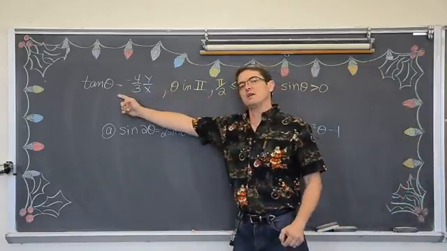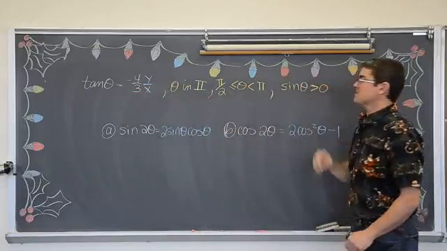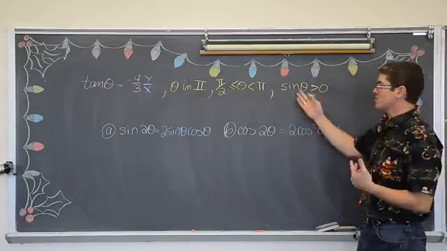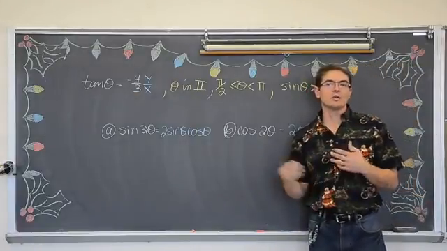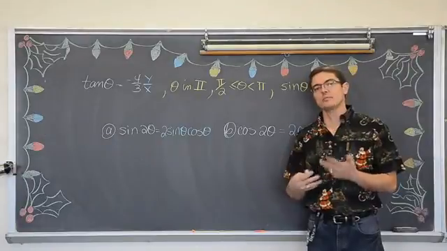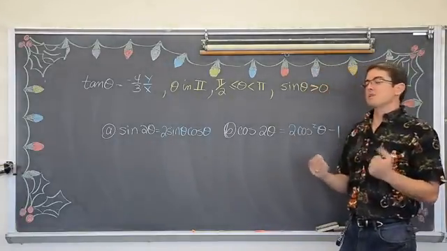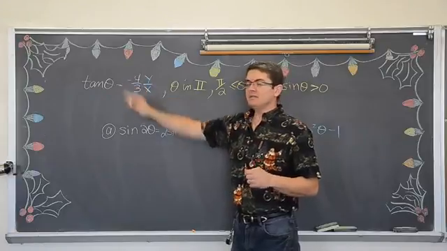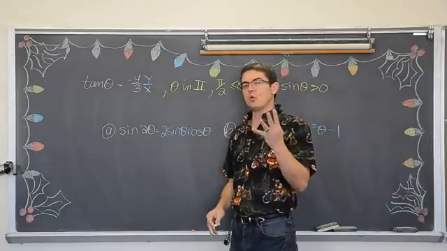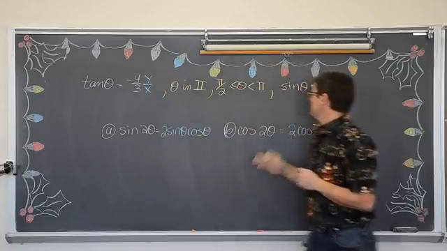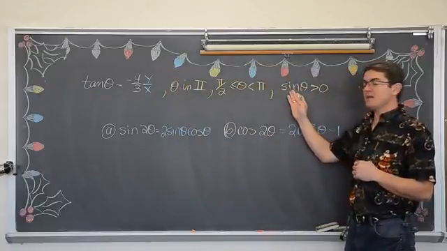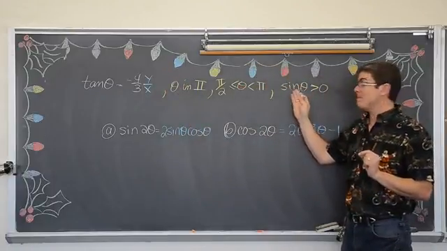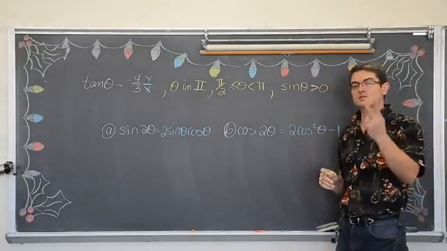The tangent of theta is negative 4/3 and the sine of theta is positive. Well, this is a question that you should have dealt with in an earlier chapter when you first started learning your basic trig concepts. Tangent, which is y over x, again, negative in quadrants 2 and 4. Okay, well, sine being positive, sine being y over r, y is positive in quadrants 1 and 2.